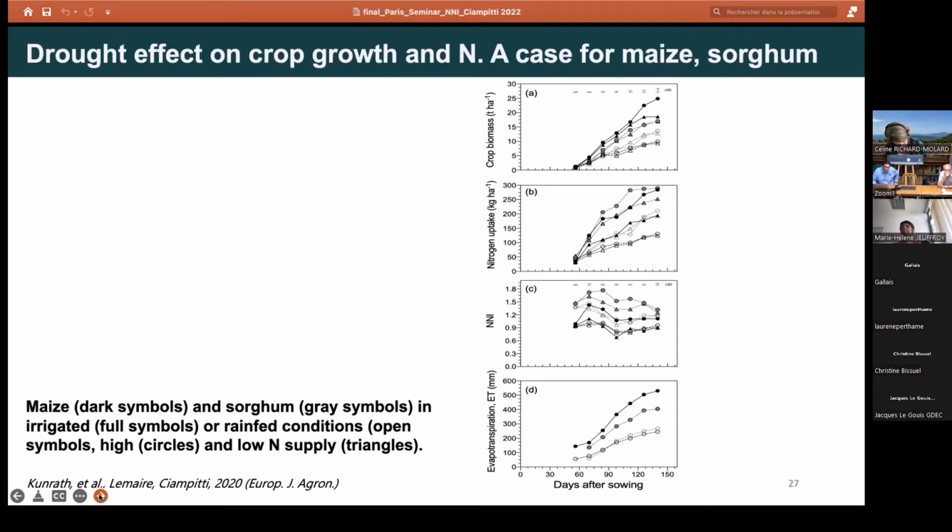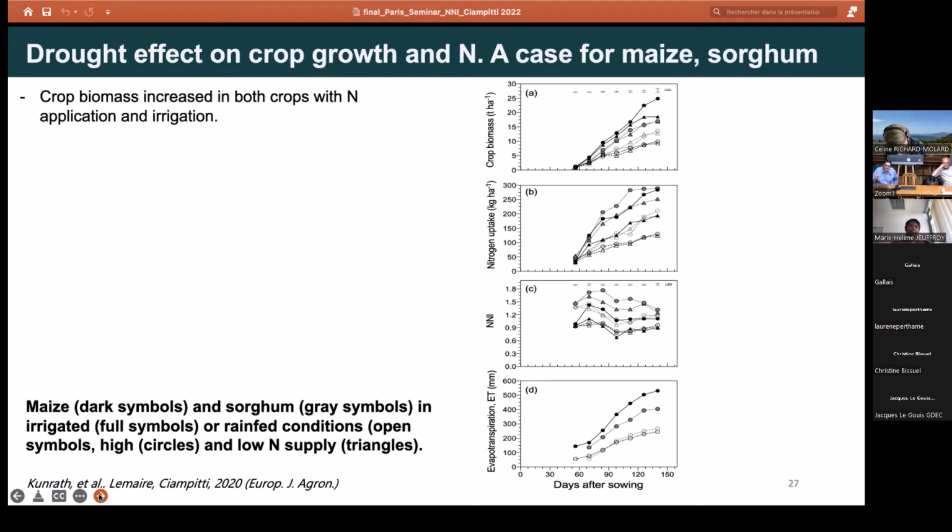We also looked at drought. We started wondering, and Gilles brought me into this too, and with other researchers we started looking at the effect of drought. Here is an example from one of the papers published a couple of years ago. We took data from multiple sources, but believe me, from many countries it's really hard to find data with this level of detail that I'm showing here.